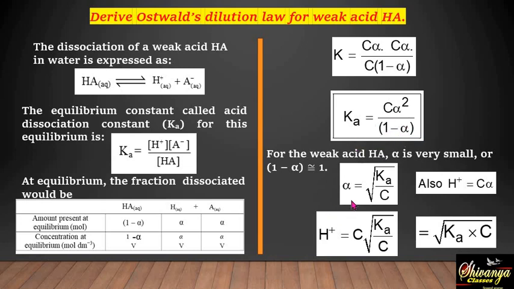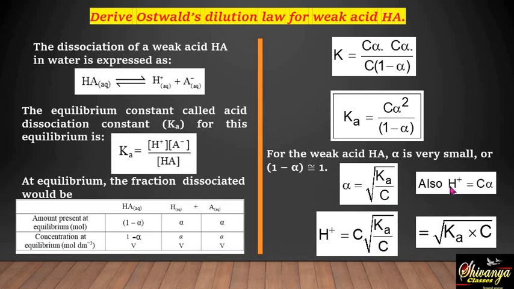The reason is that HA is a weak acid, so alpha is very small and 1 minus alpha becomes 1. So Ka is equal to C alpha square, alpha square is equal to Ka by C, and alpha is equal to under root of Ka by C.